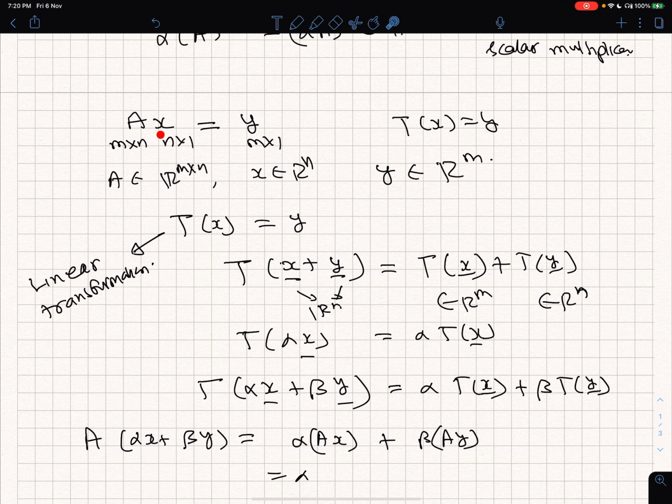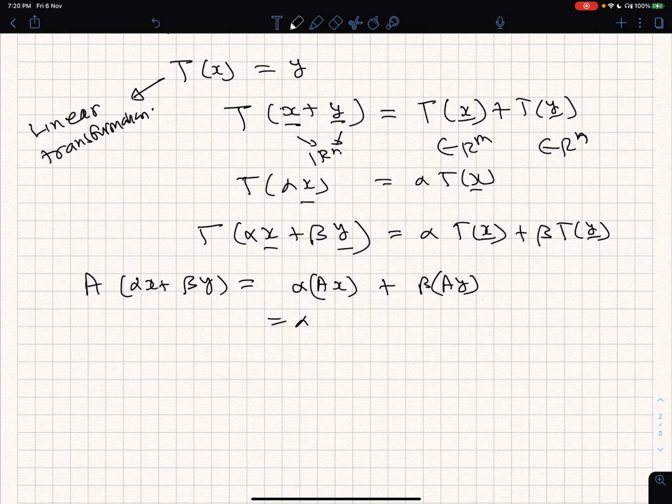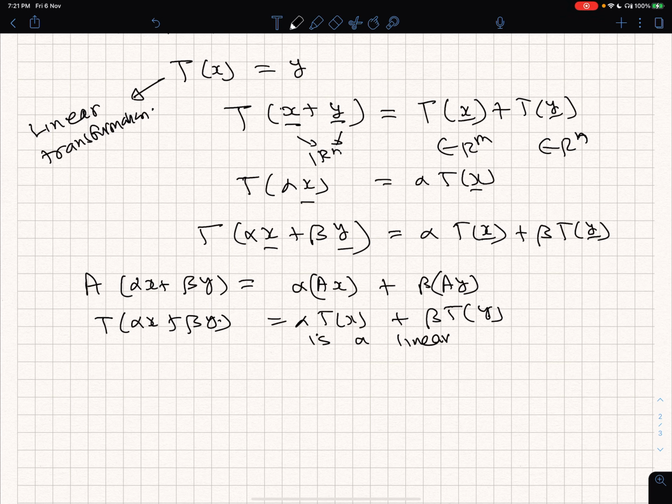Pre-multiplication by the matrix A is what I am defining as the transformation T from x to y. So therefore, I have alpha times T of x plus beta times T of y, and this is the transformation on the left hand side, T of alpha x plus beta y, which is to say that this indeed is a linear transformation.